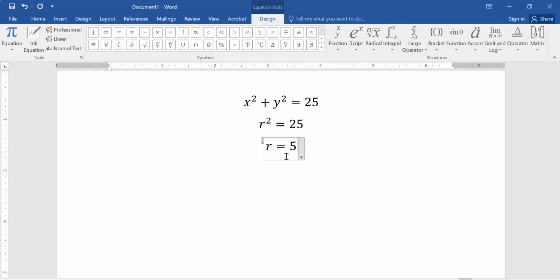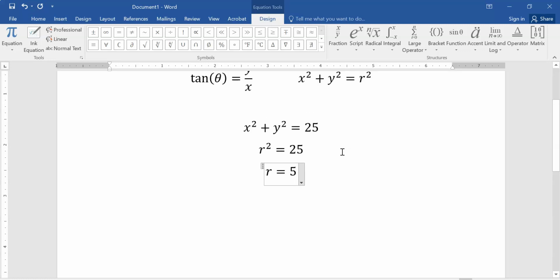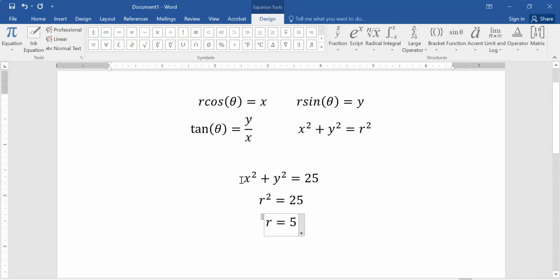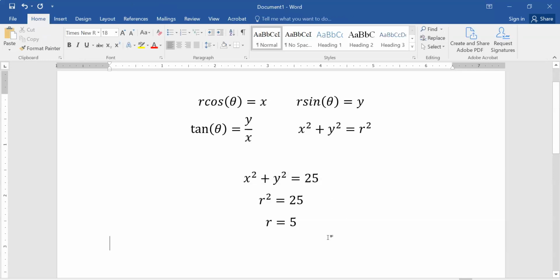Remember, we can always add pi to our thetas. So if you were thinking of a point with a negative r value, we could add pi to the angle theta, and that would be the same point with a positive r value. So r equals 5 is the easiest way to rewrite x squared plus y squared equals 25.